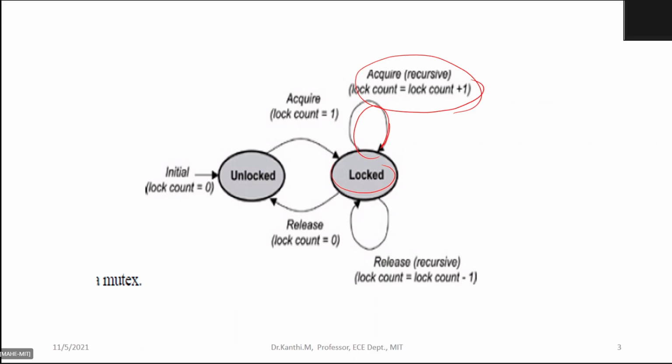So you just make a note of how many times you are acquiring the key. That is called a recursive mutex. After you make use of it, when you release, it becomes unlocked and comes back to the initial state.